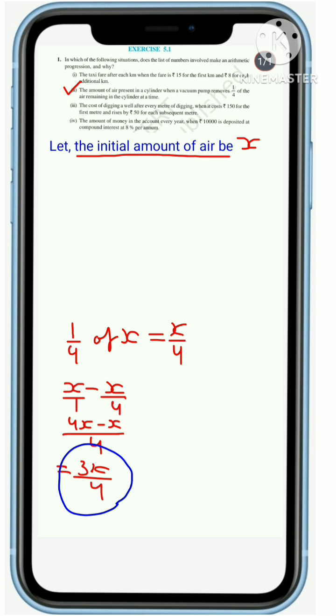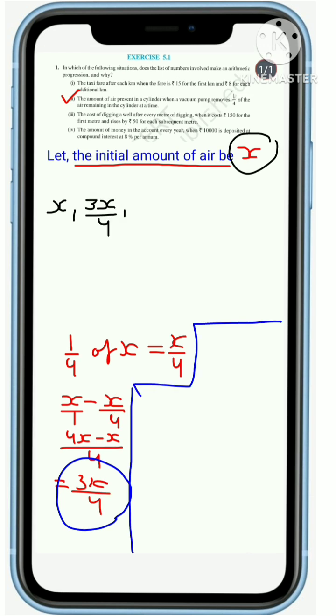Okay, now let's write this in sequence also. Initial amount of air was, we had assumed x, and after first removal, amount of air left in that cylinder is 3x/4. Again, vacuum pump removes 1/4 of 3x/4. 1/4 part of 3x/4 means 3x/16.